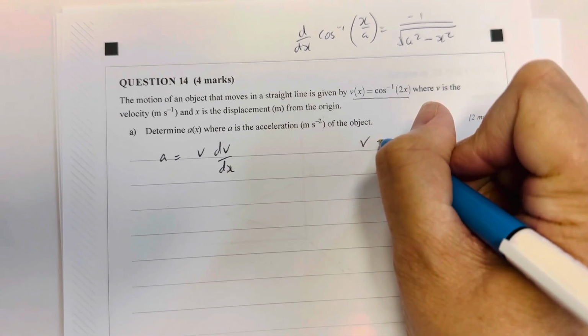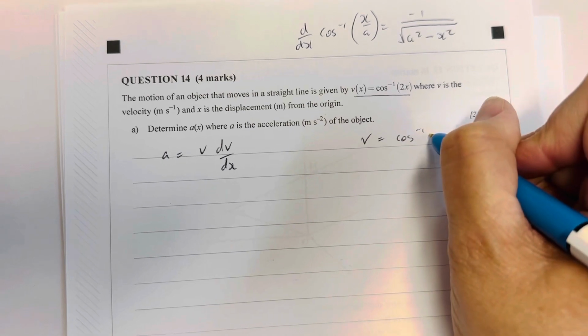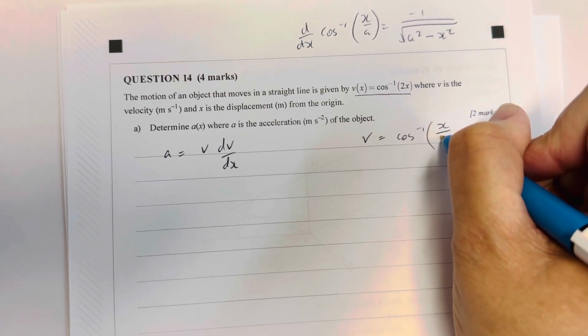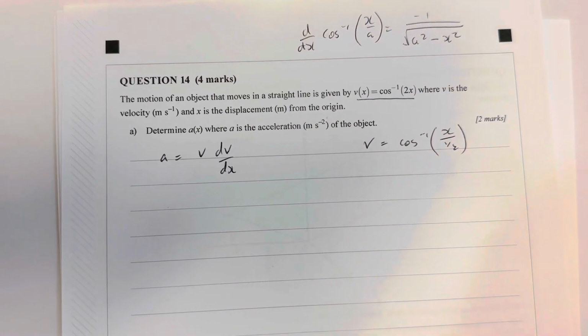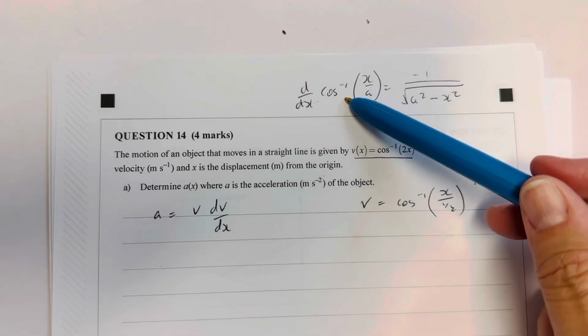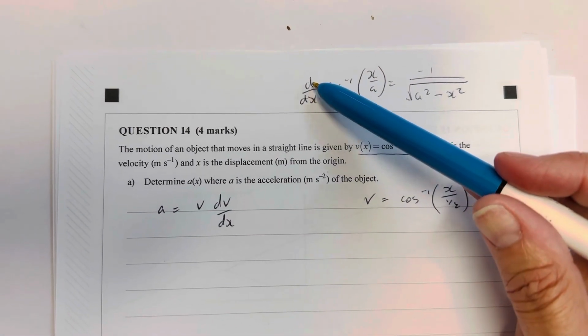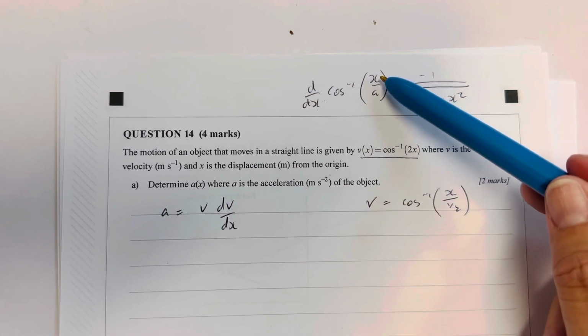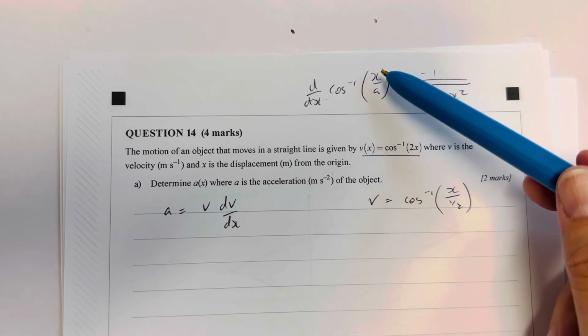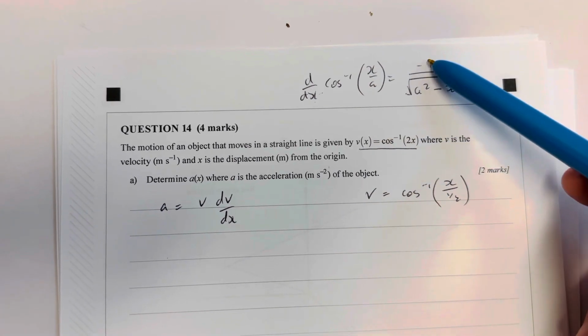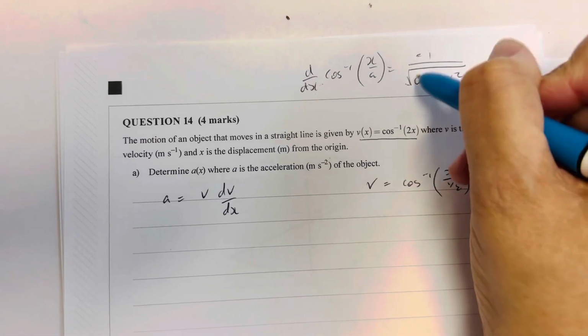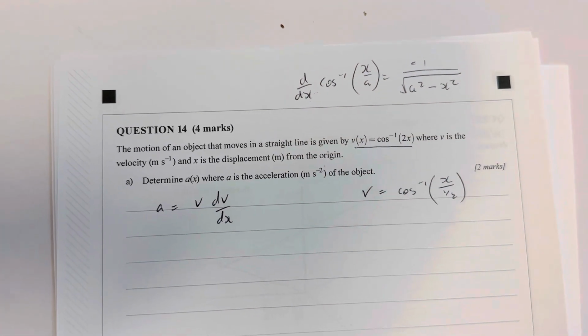Now I'm just going to rewrite that as cos to the negative 1, it's inverse trig, of x over a half. Being that it's off our rule sheet, I just copied this straight off the rule sheet, d/dx of cos to the negative 1 of x over a is negative 1 over the square root of a squared take x squared.